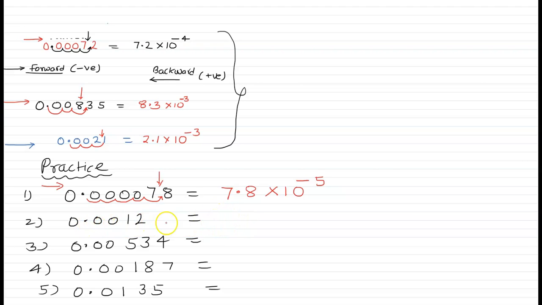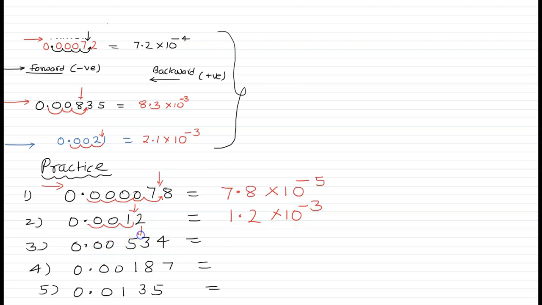And 0.0012, so here it is 1.2 and how many steps? 1, 2 and 3. So into 10 to the power minus 3.